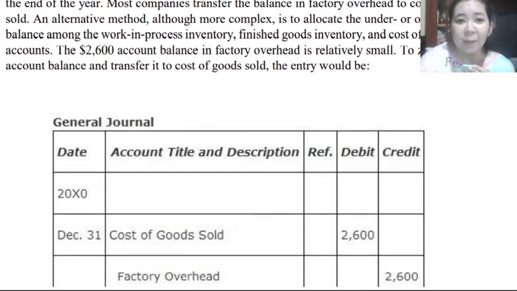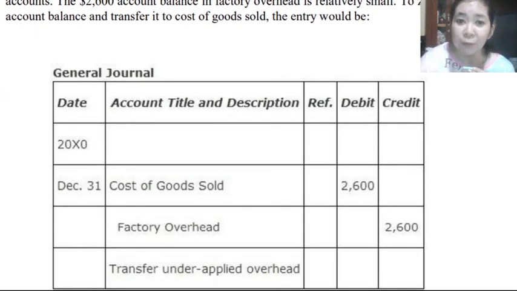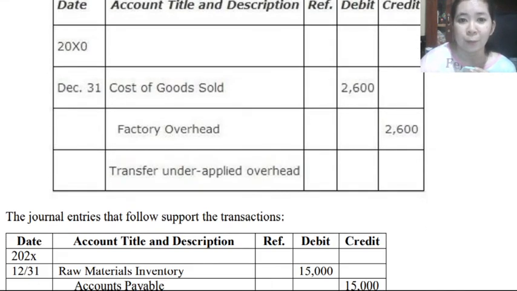So the entry will be to debit cost of goods sold of 26 and credit factory overhead. That's how you account for the absorption of the remaining factory overhead of 26 to transfer under applied factory overhead to our cost of goods sold.